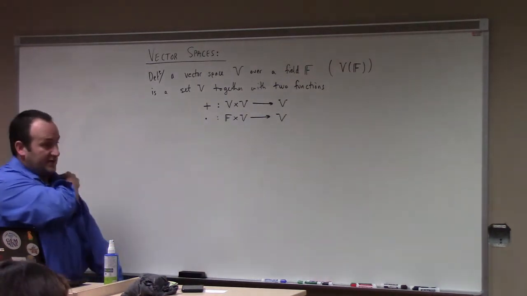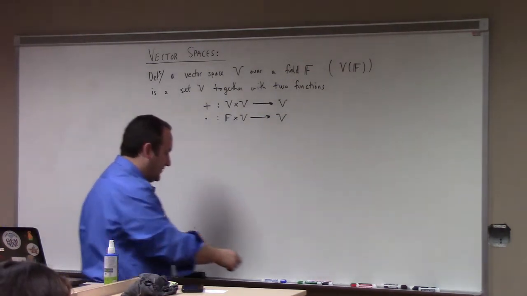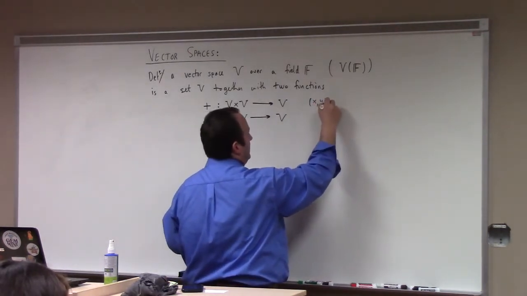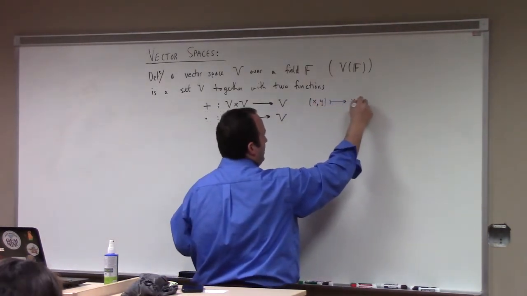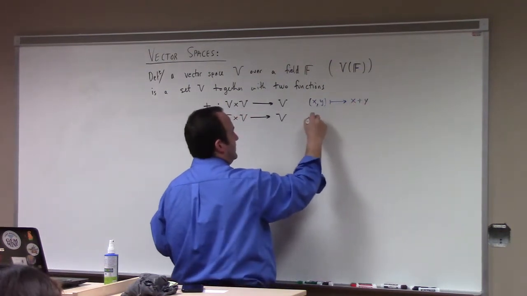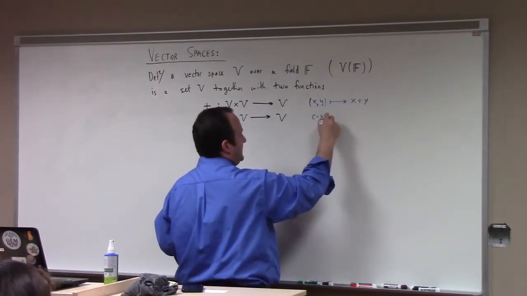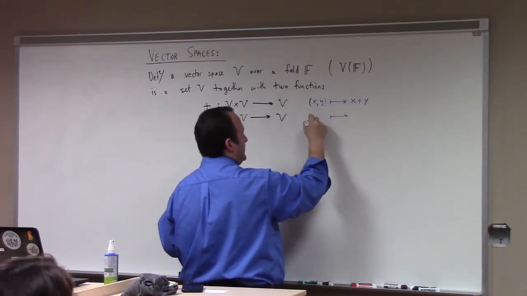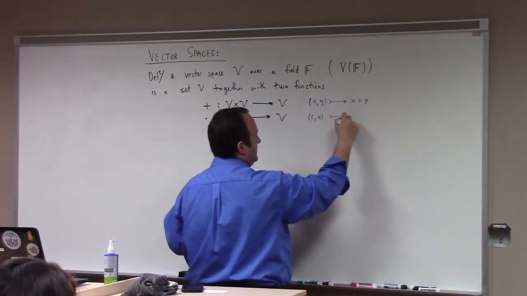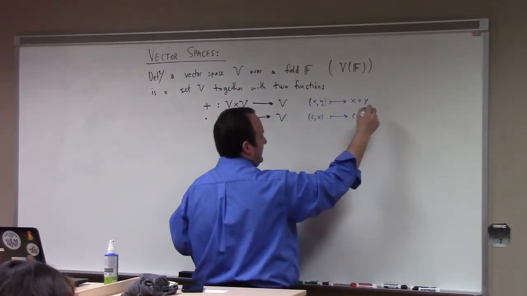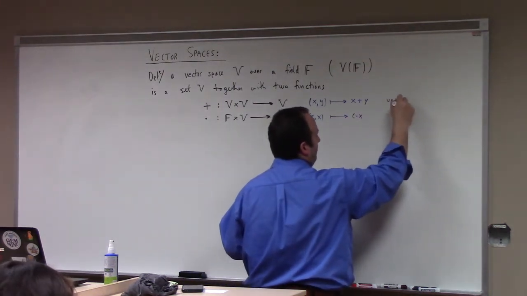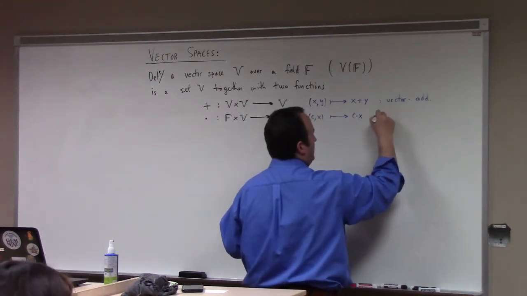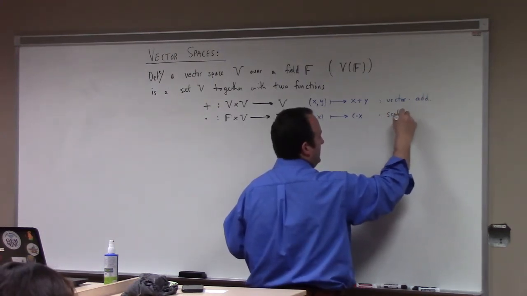So the typical notation for these maps is just x, y maps to x plus y. This is vector addition. Or c times x, c comma x maps to c dot x. And this is scalar multiplication.